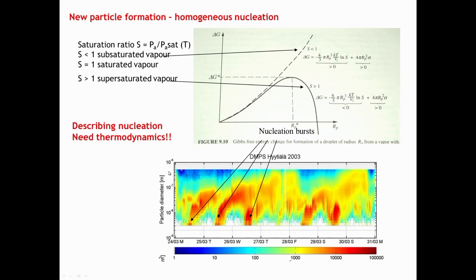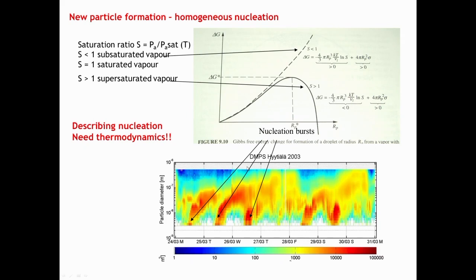So here you've got the particle diameter, and the colour, the hottest temperature, is the number of particles. You can see here at the beginning, you've got particles around 3 nanometers in size. So this is when your supersaturation has got high enough to overcome this thermodynamic barrier and form particles.